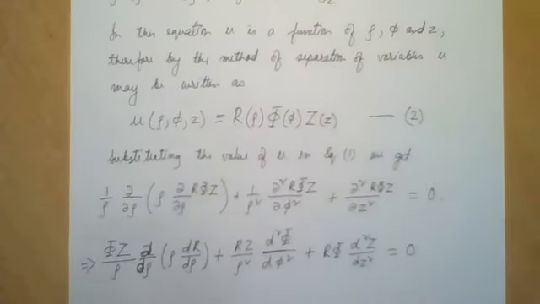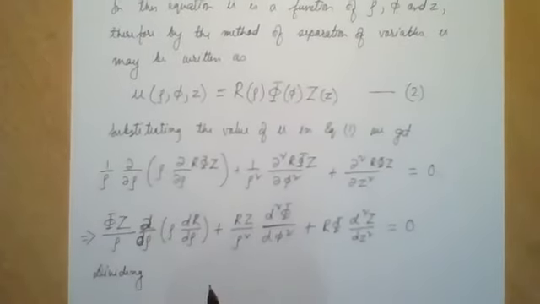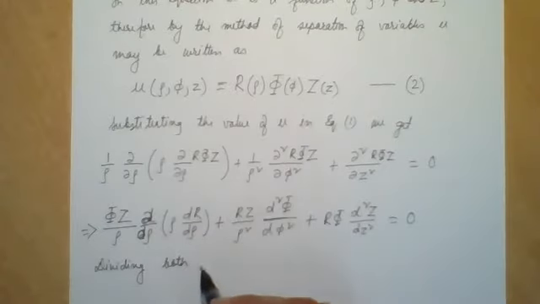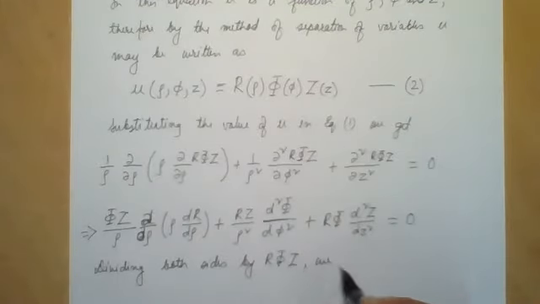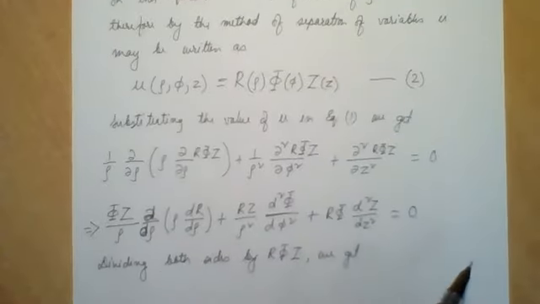Now we divide both sides by R Phi Z. We divide the left hand side as well as the right hand side by R, Phi and Z, and what do we get?